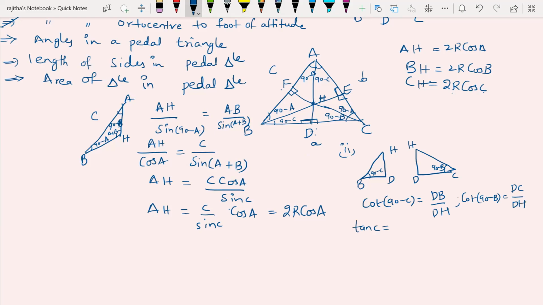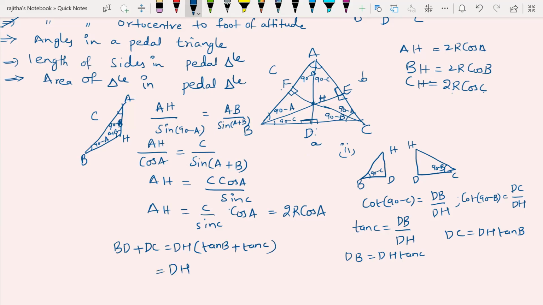So tan C is equal to DB by DH, DB is equal to DH tan C. Similarly, DC is equal to DH tan B. Adding these two equations, BD plus DC is equal to DH, taking common, tan B plus tan C. BD plus DC is nothing but BC, the total distance is small a.